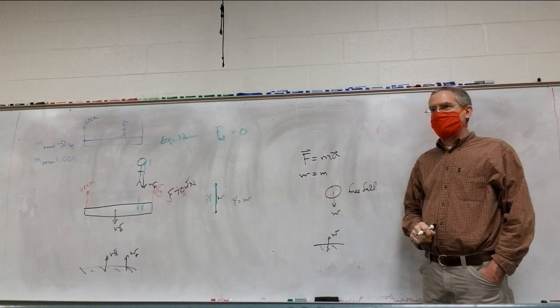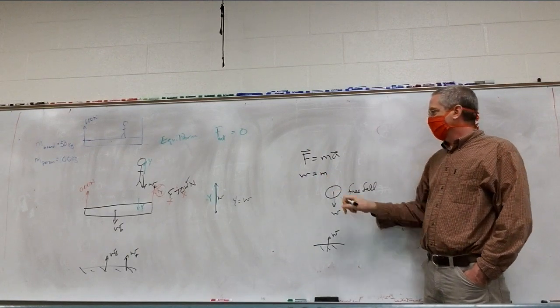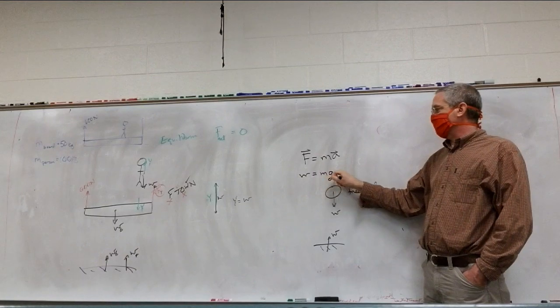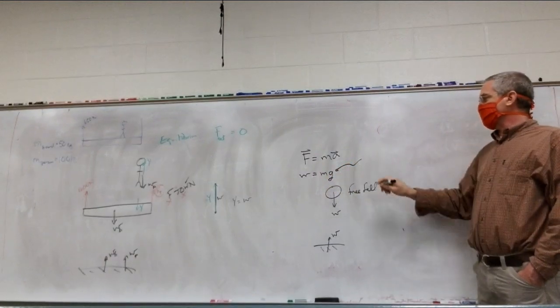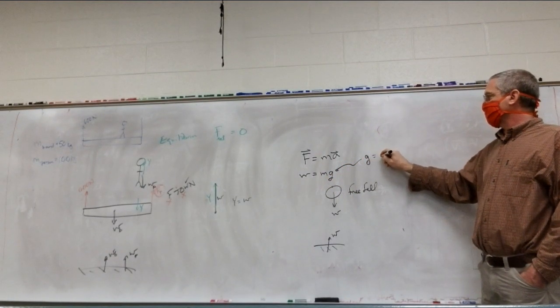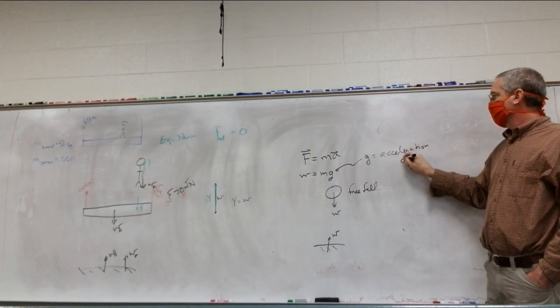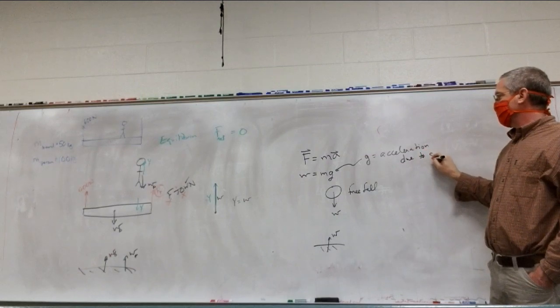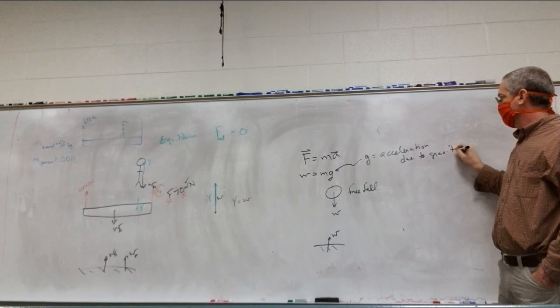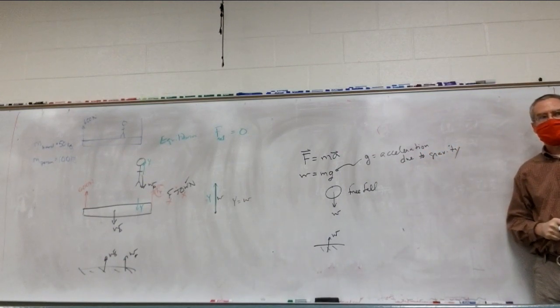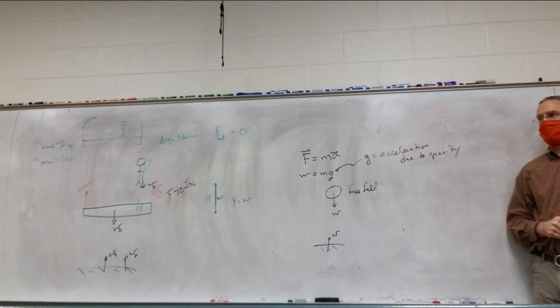And the acceleration of an object in free fall is known as the acceleration due to gravity. This little g right here equals acceleration due to gravity. It is not a constant, but we often treat it as such.